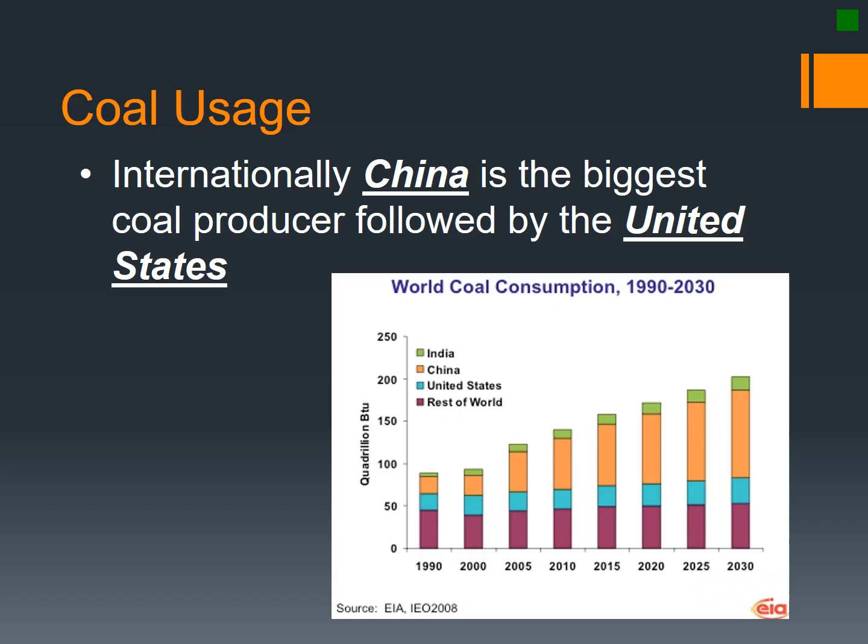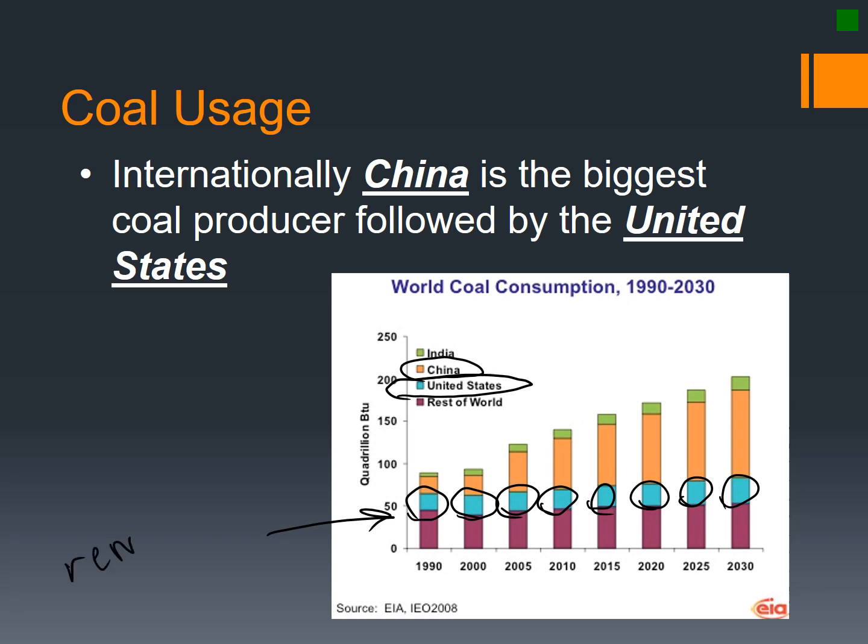All right, so who uses coal the most? Well, China is the biggest coal user, or consumer, followed by the United States. If we look at this graph, the United States is in blue and China is in orange, and the purple is the rest of the world. If we're just comparing the top 2 countries, US to China, what do you notice about the United States' usage of coal? I hope what you notice is that it has remained relatively constant.